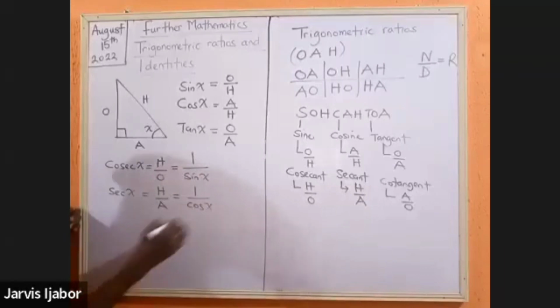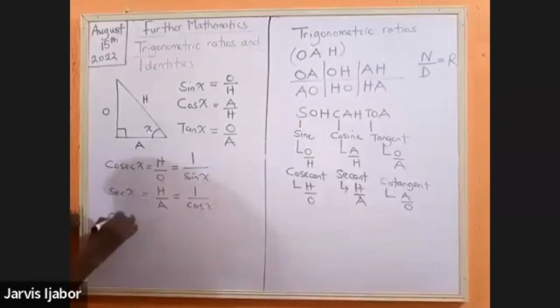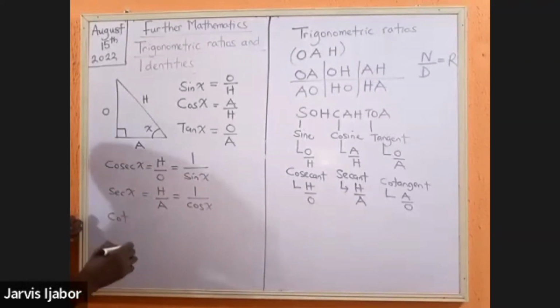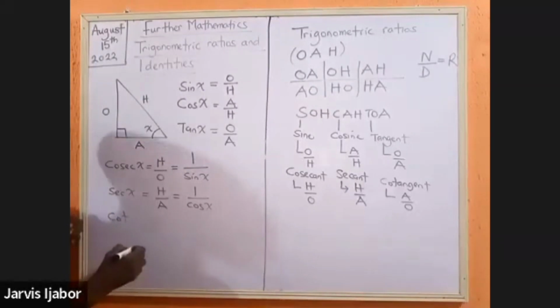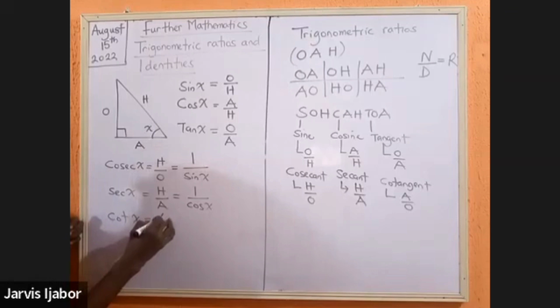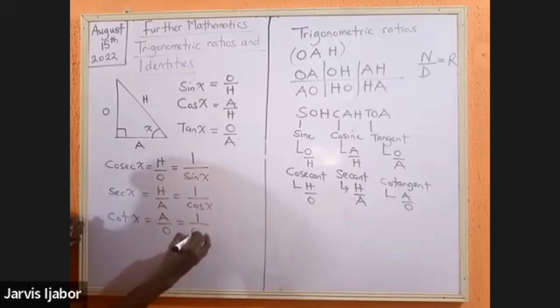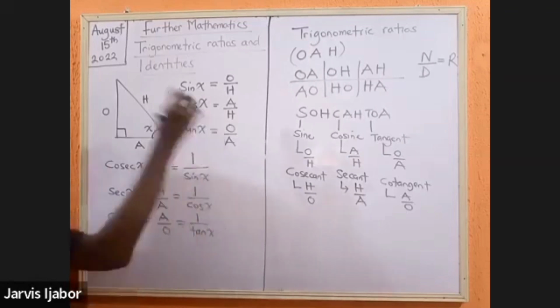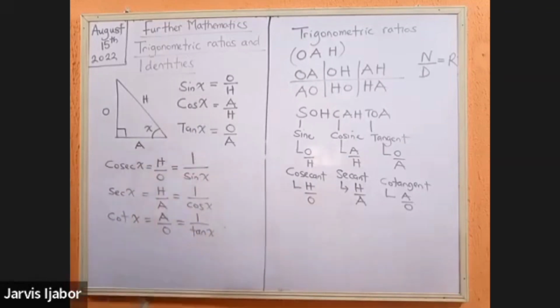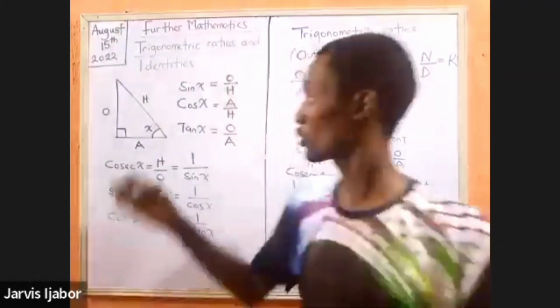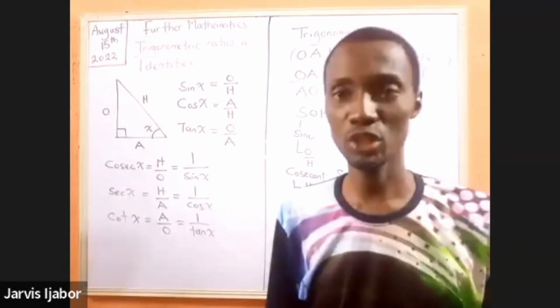Cos x. We come to the last one, which is called cotangent. The short form of cotangent is cot. Cot x will be adjacent over opposite, and that is 1 over tan x. So that is what we should know about trigonometric ratios. So pause.